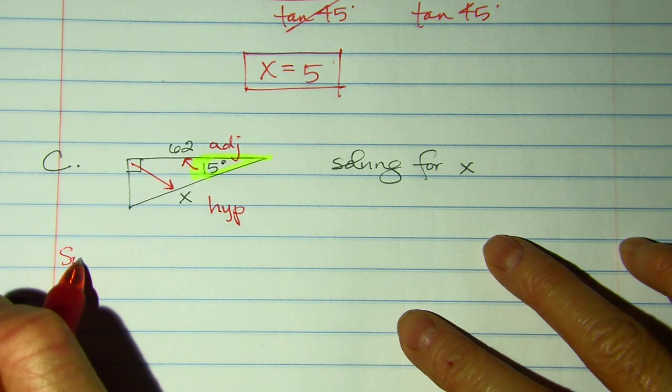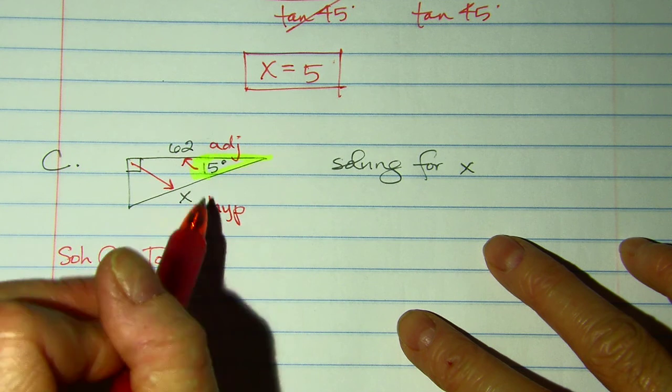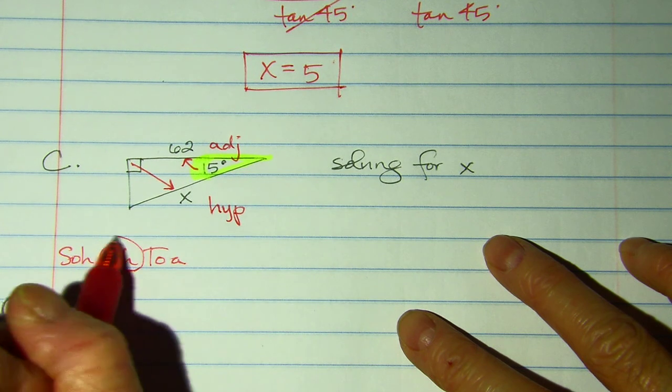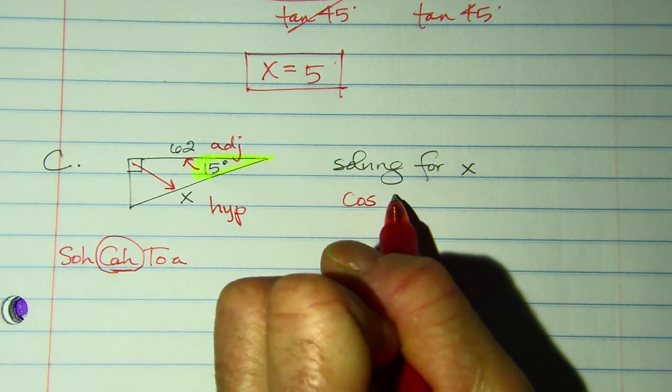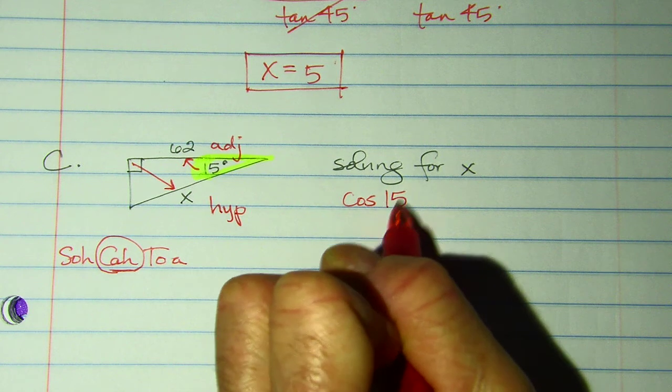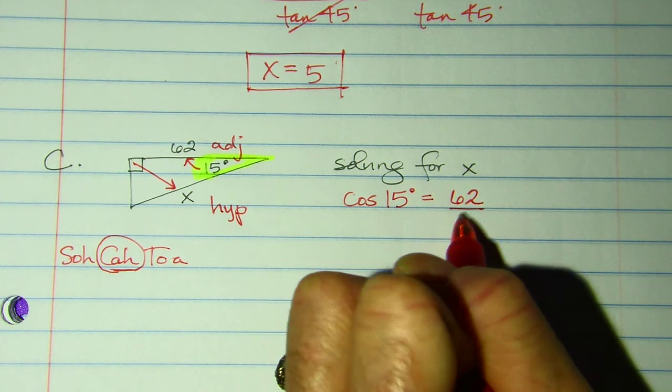So TOA, I have A and H. So I'm using cosine. So the cosine, I'm not going to write theta because I have an actual angle, equals the same setup, 62 over x.